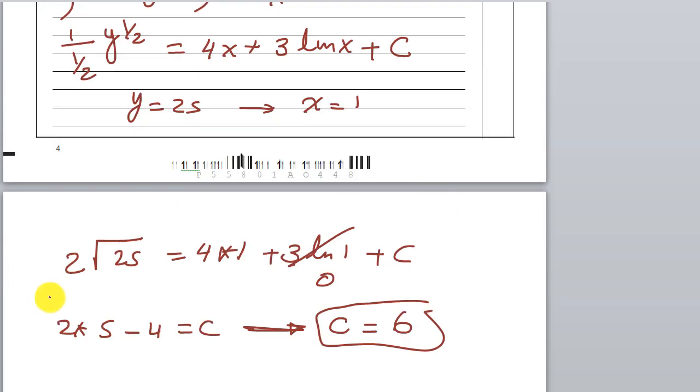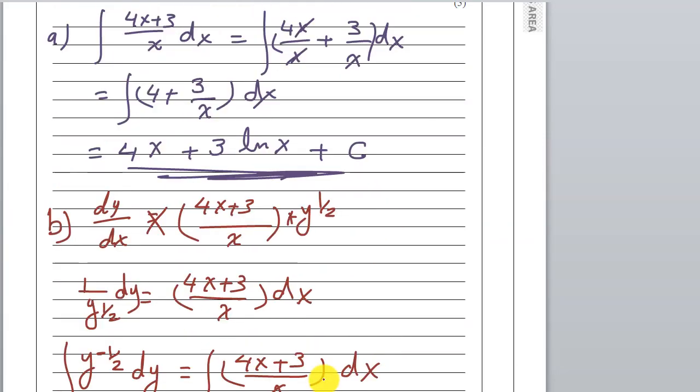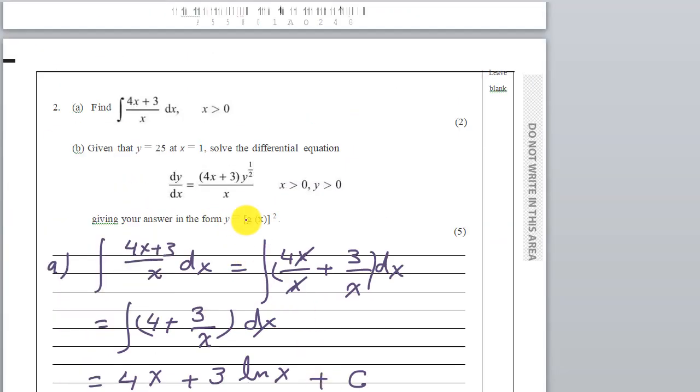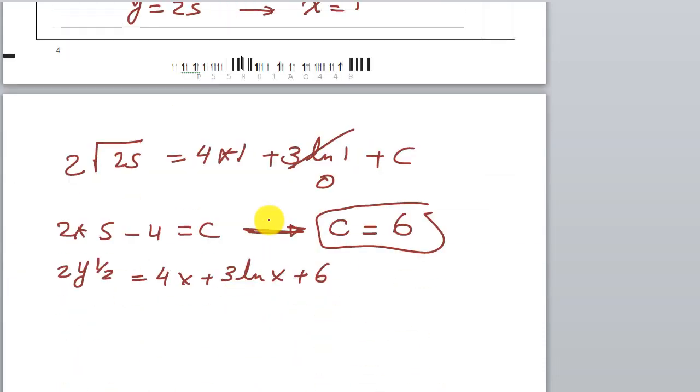So now the equation: 2y to the power half equal to 4x plus 3 ln x plus 6. He needed y in this form, as a square.